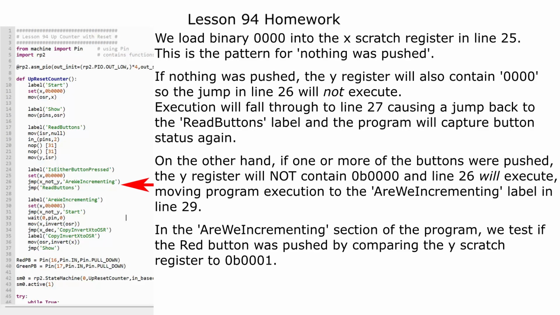On the other hand, if one or more of the buttons were pushed, the Y register will not contain binary 0, and line 26 will execute, moving program execution to the Are We Incrementing label in line 29. In the Are We Incrementing section of the program, we test if the red button was pushed by comparing the Y scratch register to binary 1.